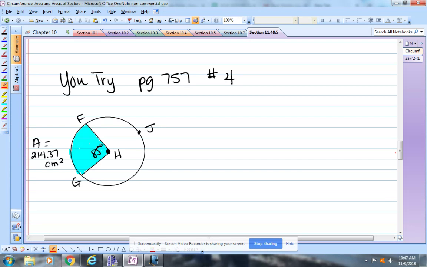So they give you the area of the blue sector. You find the area of the whole circle. And that says 214.37, if you can't read that.